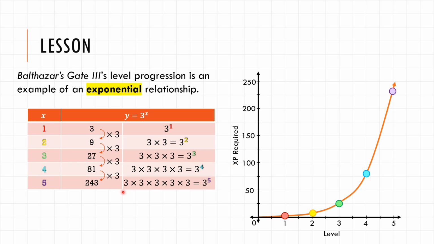When x is 5, it's 3 to the power of 5. So the y value is always going to be equal to 3 to the power of whatever that number is for x. How did I know the base was going to be 3? Well, that is the number that we are multiplying by each time, right? That is 3 right there. We keep on multiplying 3 by itself x number of times.